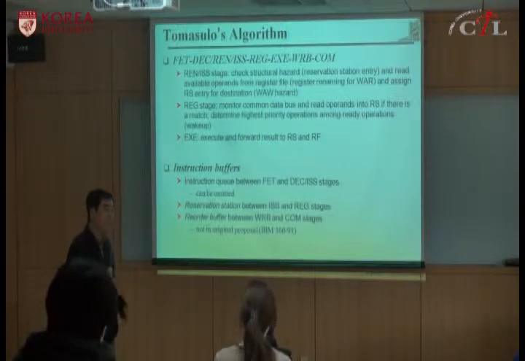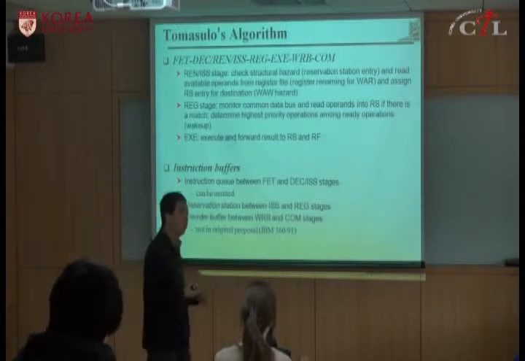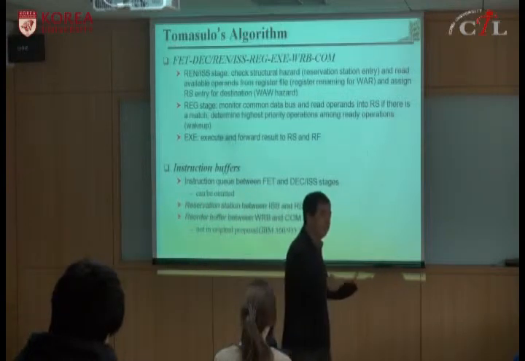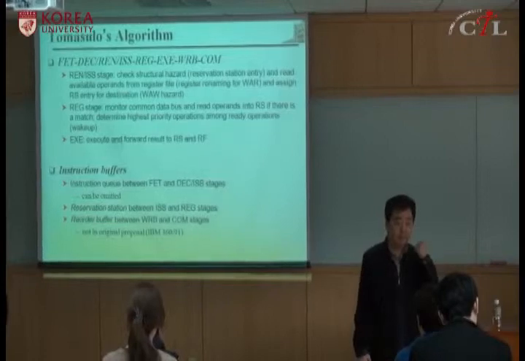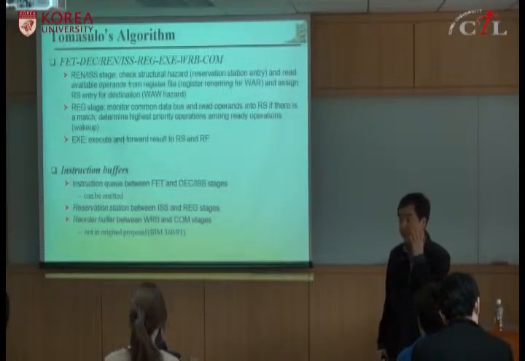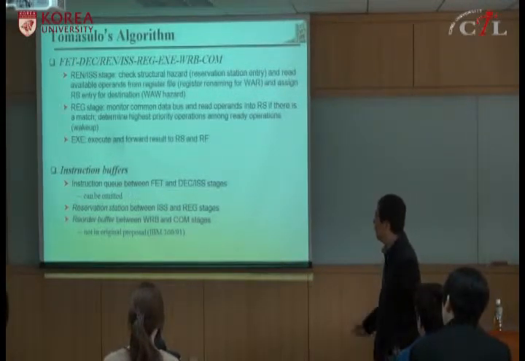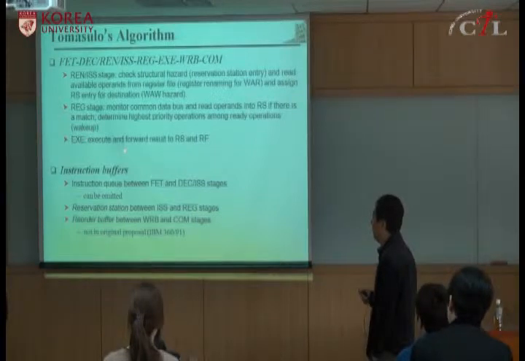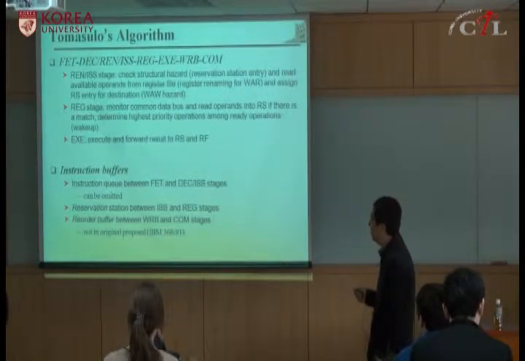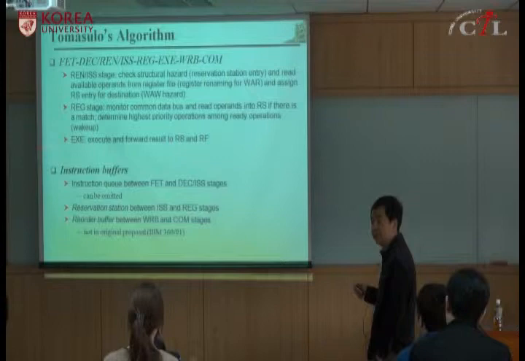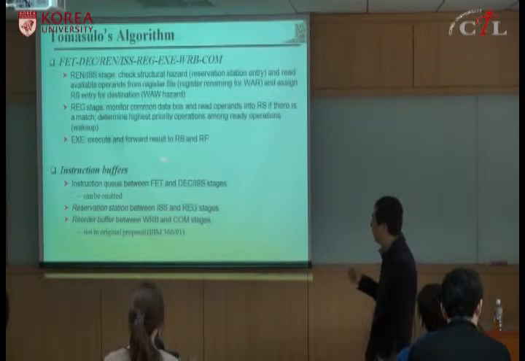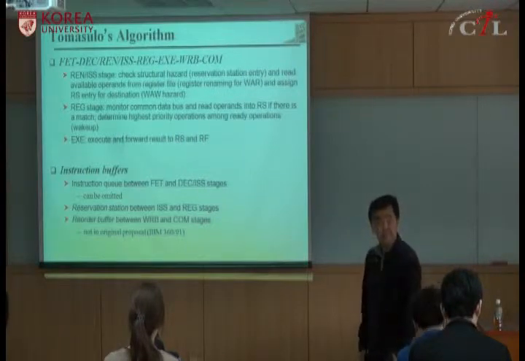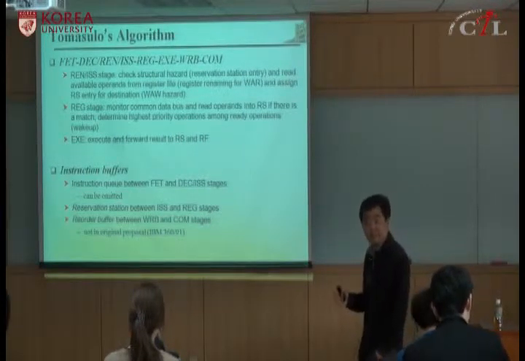Sometimes you can issue only 4, but 5 instructions are ready to dispatch. You should select 4 out of 5 based on priority. In the execute stage, you compute, and the result is put onto the common data bus, and it will be bypassed to the reservation station and register file. It's quite clear.